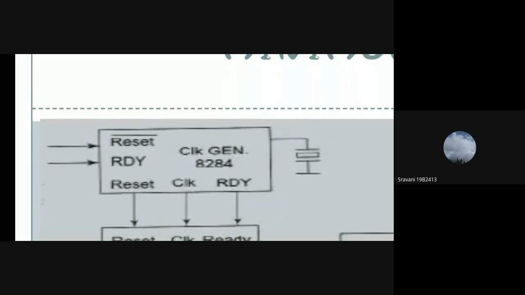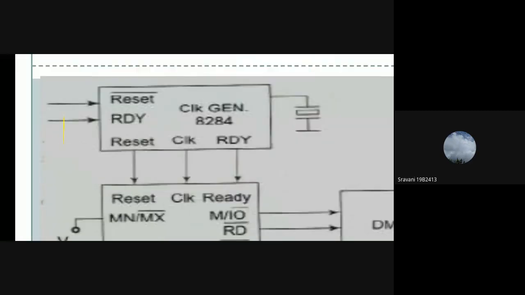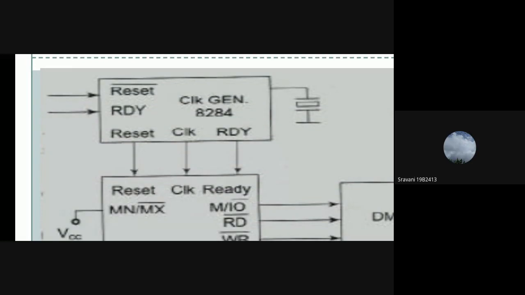When a trigger pulse is applied to the clock generator, its reset, clock, and ready pins will be activated, and those signals are provided to the microprocessor in order to make it active. So the clock generator provides the signals that put the microprocessor in an active state.